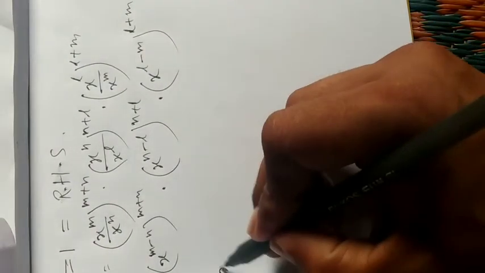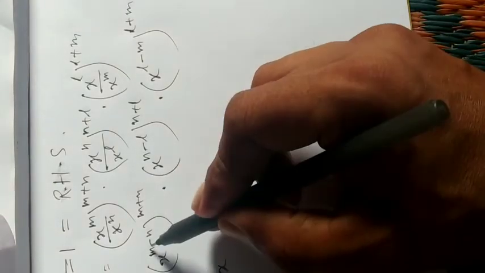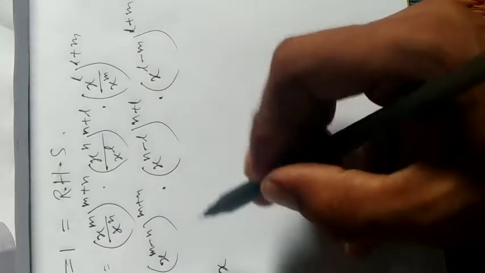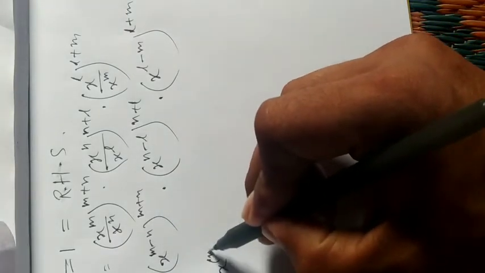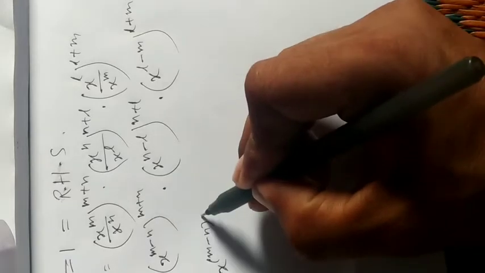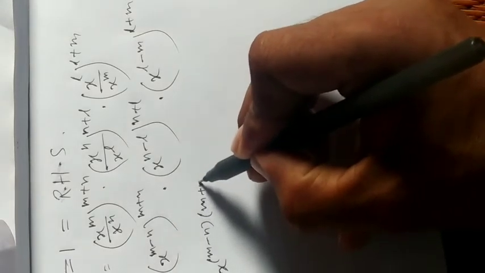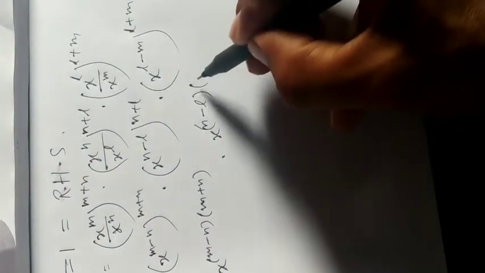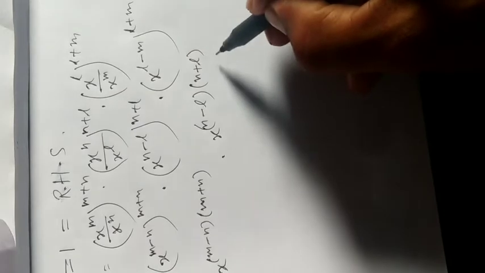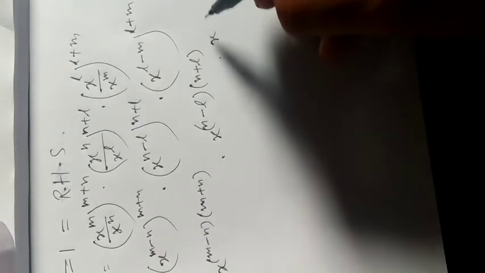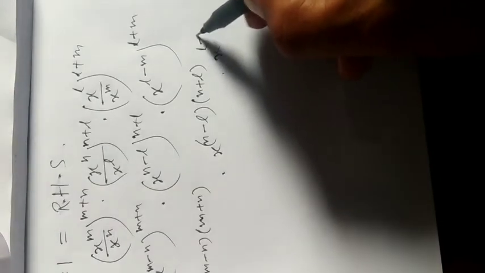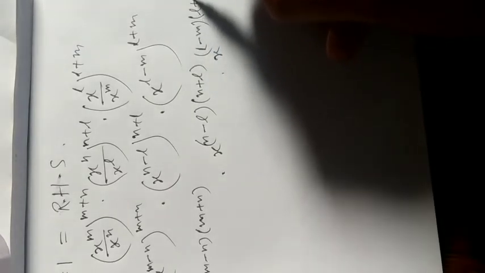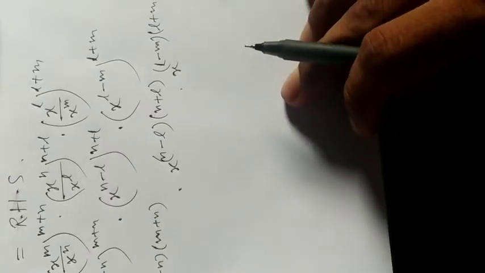equals to x to the power, we have to multiply both these powers. So m minus n into m plus n, x to the power n minus l into n plus l, into x to the power l minus m into l plus m.